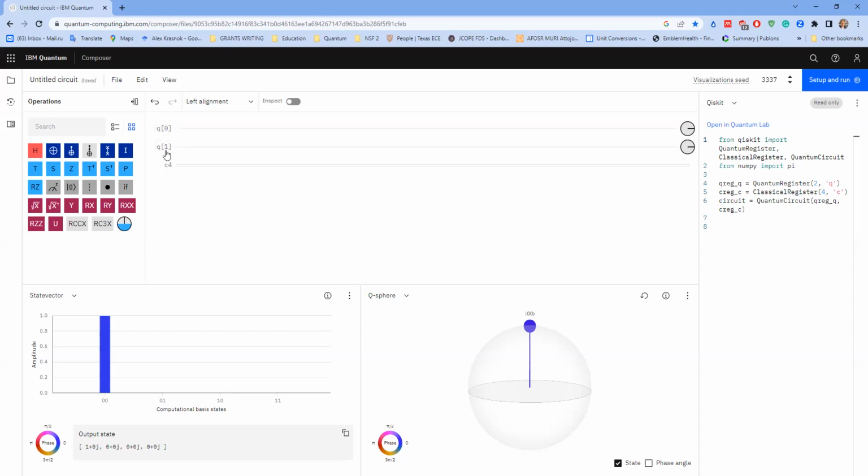Initially the state of the 2 qubits is 0, 0, as we can see from this state vector diagram. Now I apply this CX gate, and my result is still 0, 0. Nothing changed. So good.